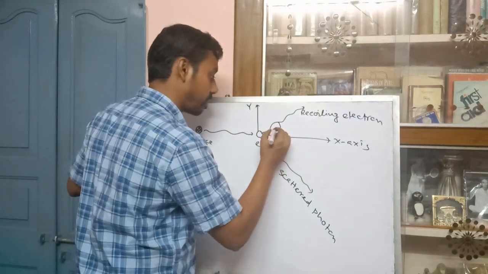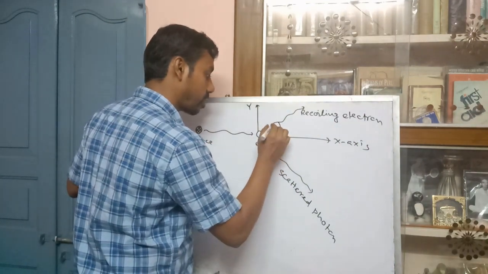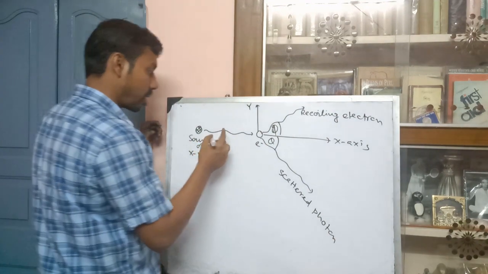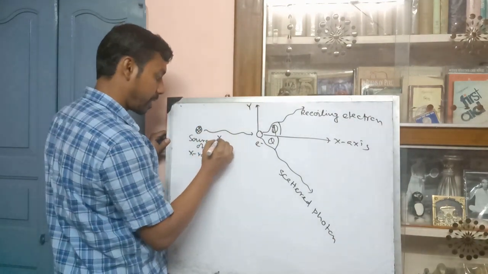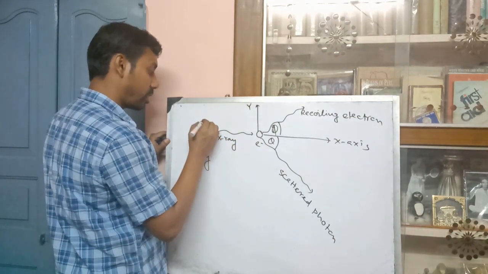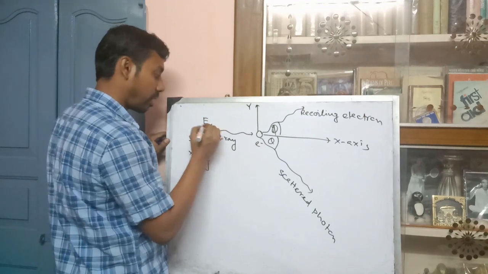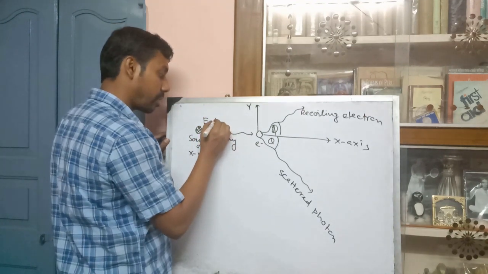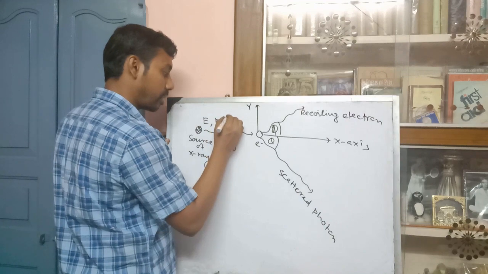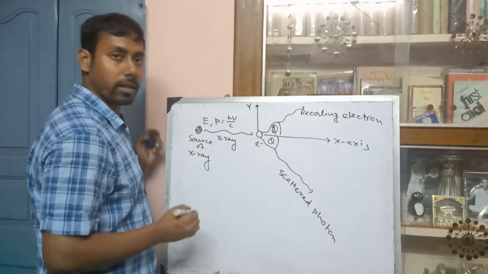Suppose the energy of the X-ray is E, and the momentum is P, equal to h nu by c.